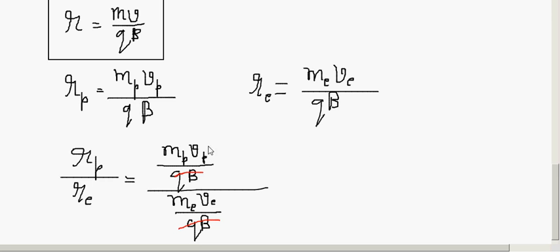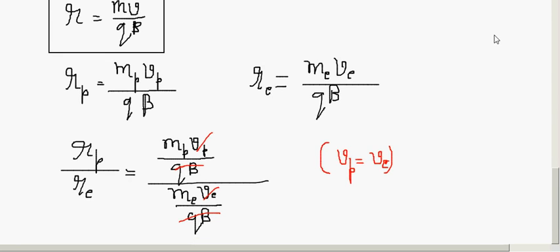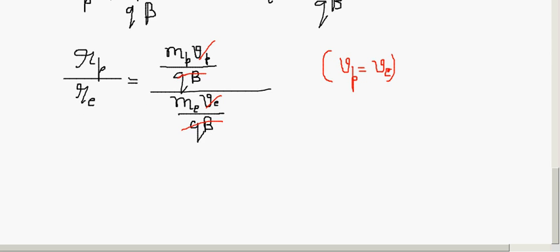Given the velocities are equal, Vp is equal to Ve, same speed, so I can cancel this also.